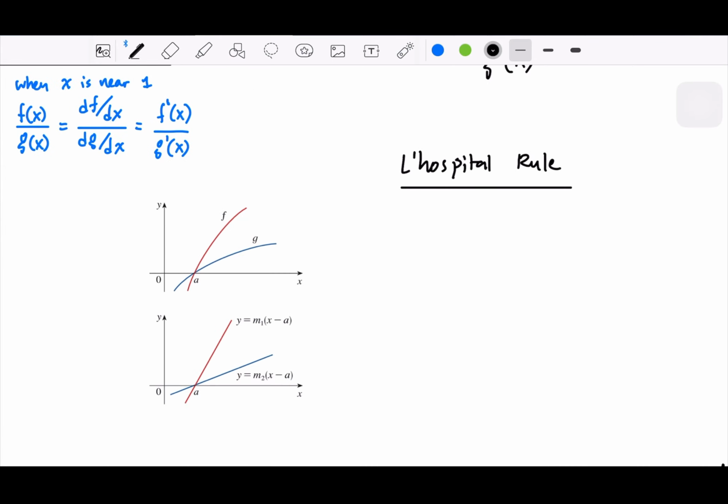Yeah. So for L'Hopital's rule, let f of x and g of x, first, they need to be differentiable and continuous.